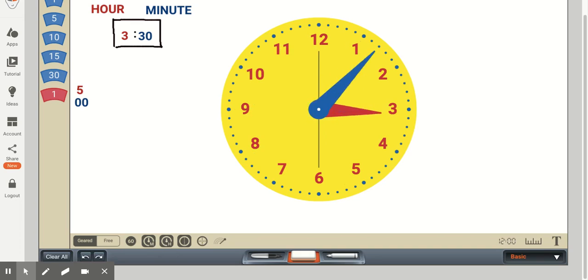So from 3 o'clock all the way as the minute hand goes around the clock, we're in that 3 o'clock hour, and we've not reached 4 o'clock until the minute hand actually gets back up to the 12. So when the hour hand is halfway between 3 and 4, we want to make sure that the first graders know that this is 3:30 or half past 3.